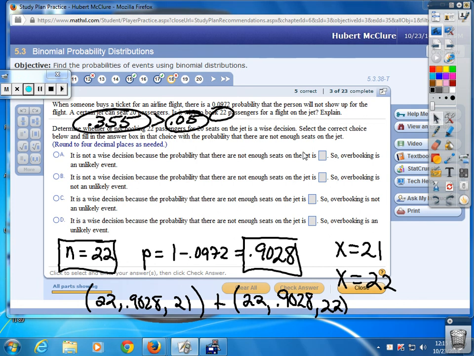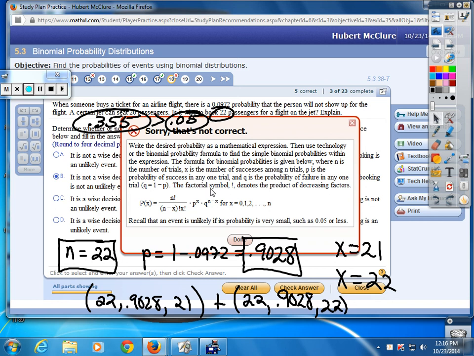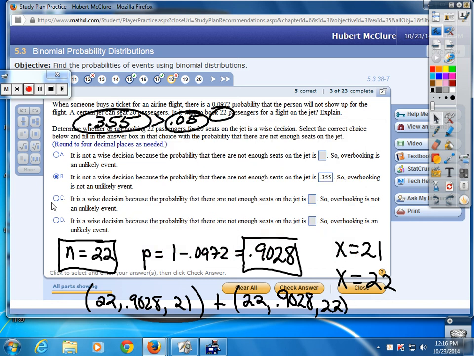Where do you put in the probability? They didn't even ask you. Okay. What do y'all think? We got to put in the jet is what? Oh, the probability is 0.33 or 0.355. What?